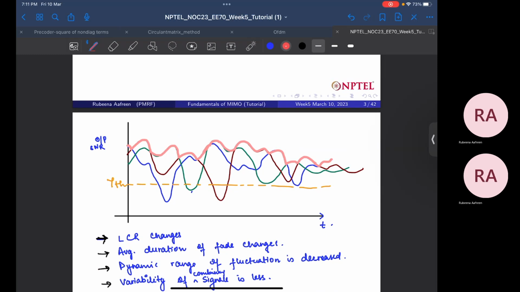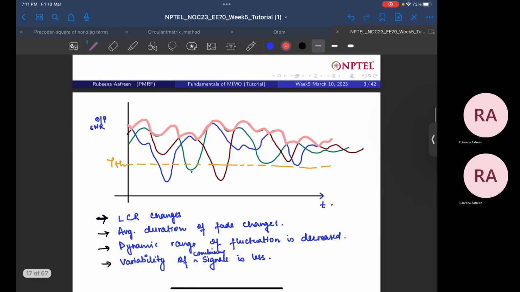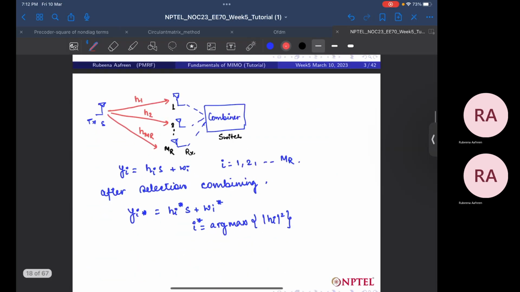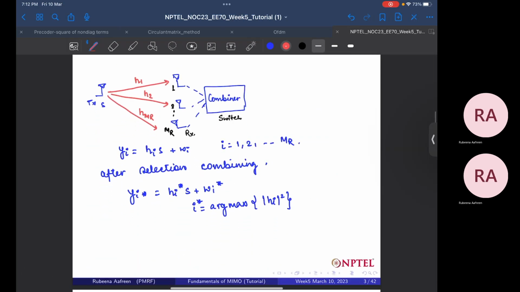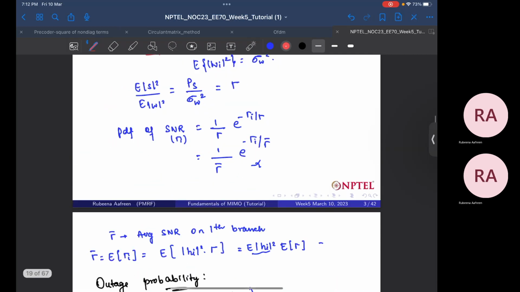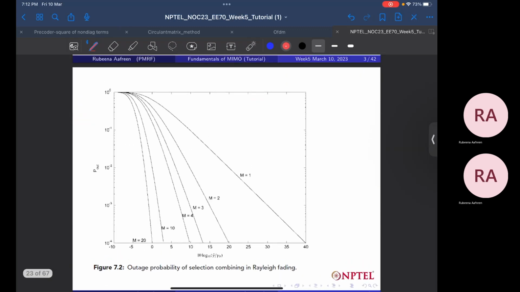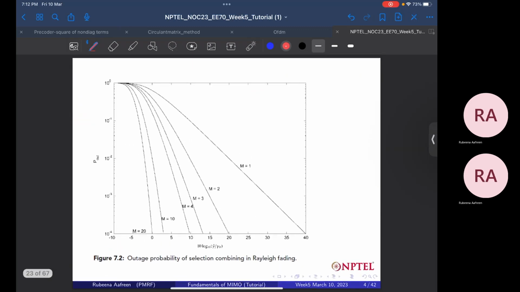Okay. So when you increase from one antenna to two antennas or to three antennas, the outage will decrease. But when you keep increasing the number of antennas, the outage probability will not have much of an effect. So I'll show this in the diagram. This diagram I've taken from Andrea Goldsmith. Now you see the outage probability is on this axis. When M equal to 1, this is the outage probability curve.